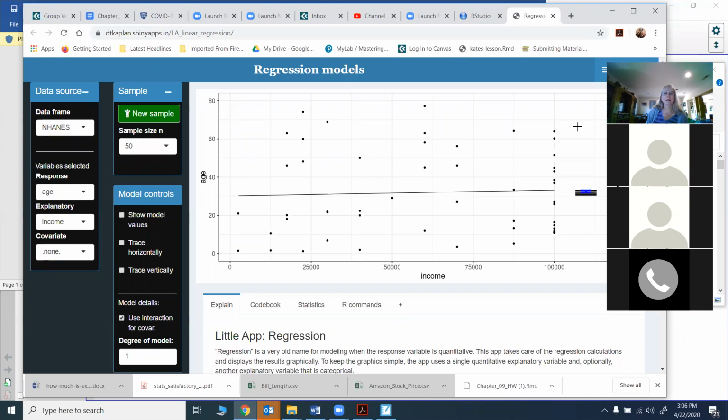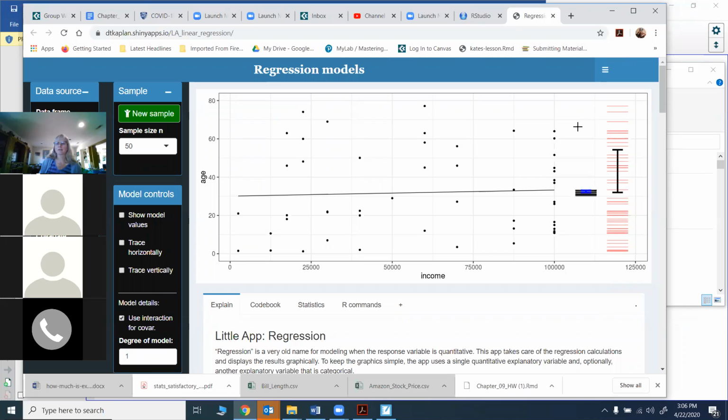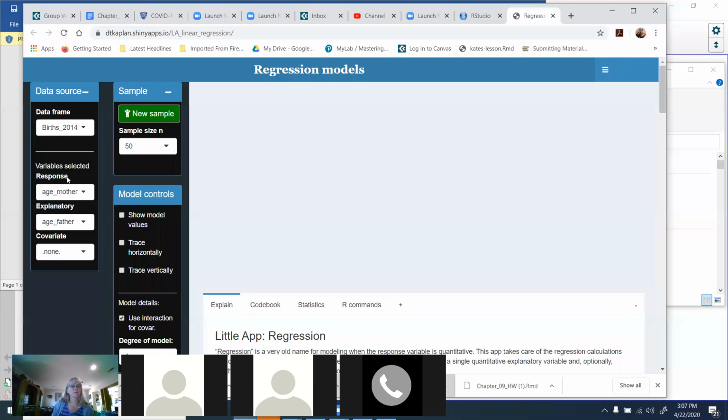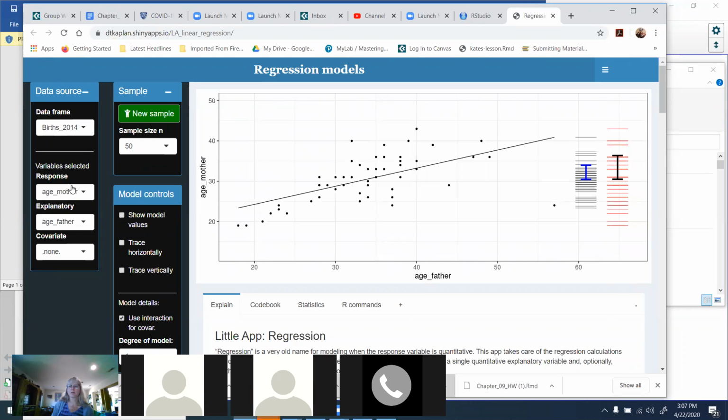What it was saying was that the older you get, the more your income is. And I think it actually had you go into births. And it was looking at mother's age versus father's age. And it was having you do what with this blue line and this black line? What were you doing with this blue line and black line?